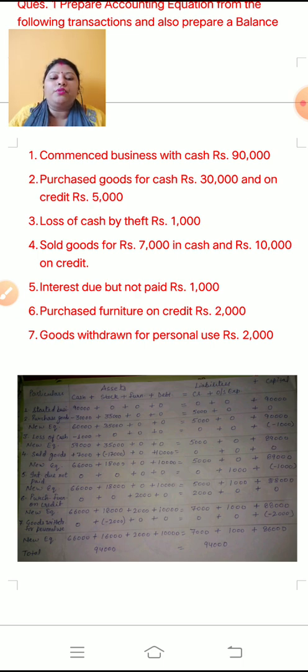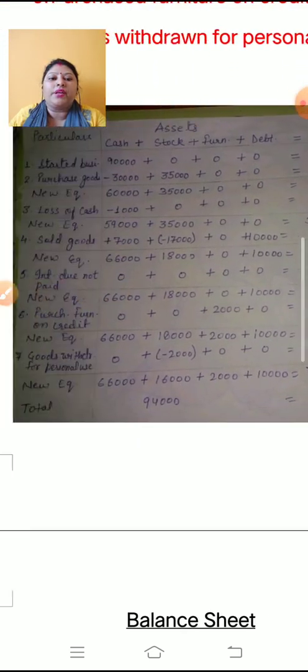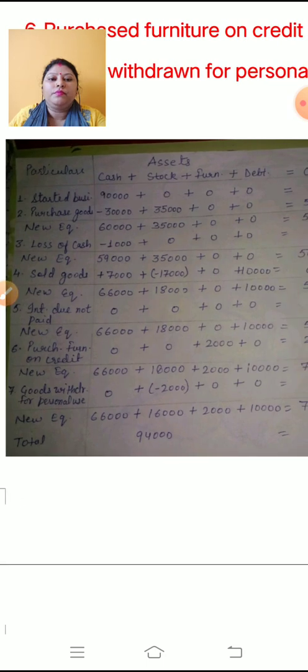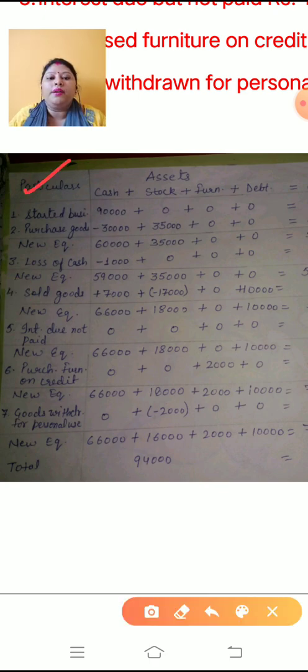How do you have to do this, children? First of all, you have to see the format of this accounting equation. First, you have to make one column for particulars. After that, the assets. Under assets, you write the subheads as the names of the assets given in the transactions.